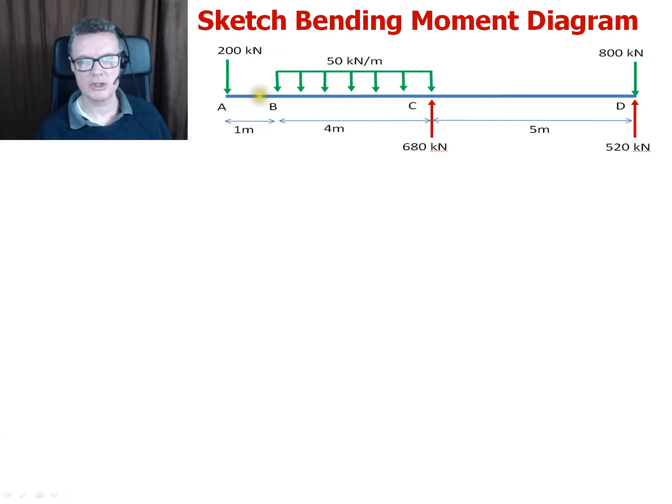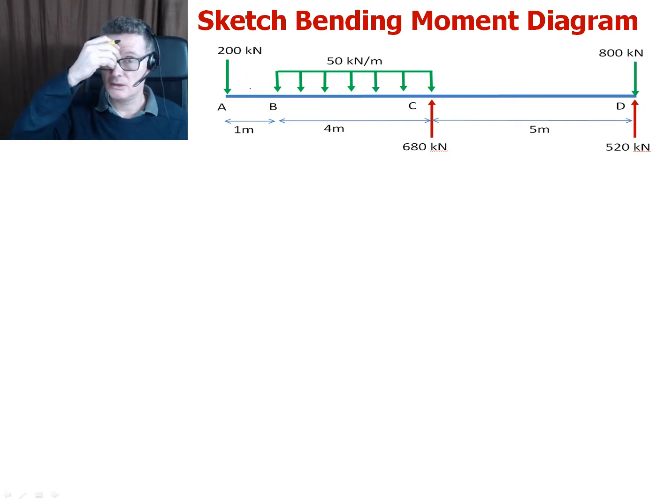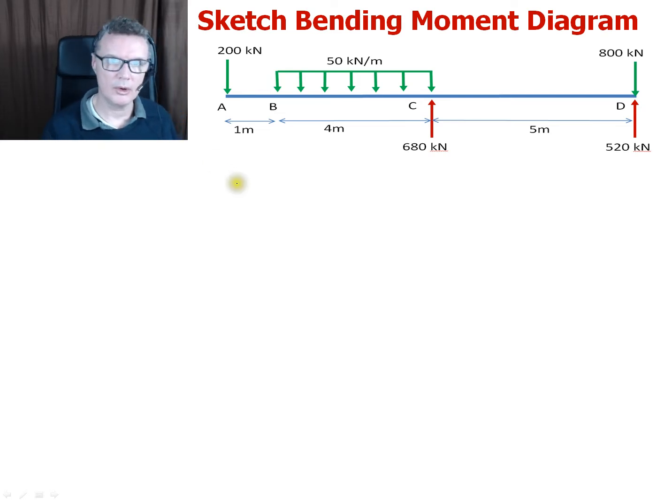Another way of doing the sketch, of course, is doing it algebraically, and you could then be looking at how your M equation should be varying. So between A and B, you can then say that M, and we've got this arbitrary position x here between that, and we look left of us.